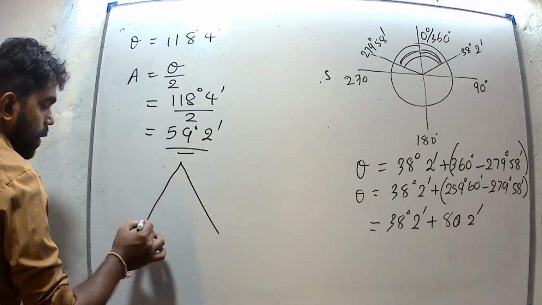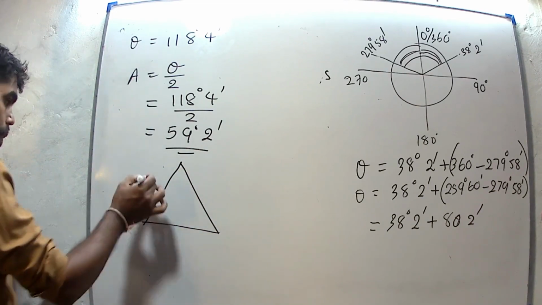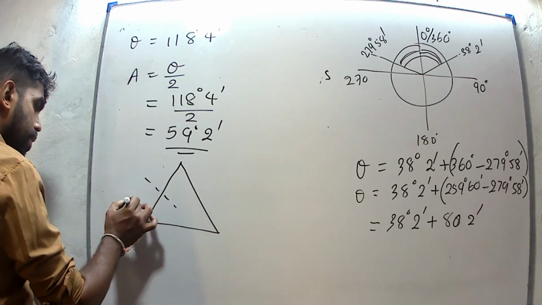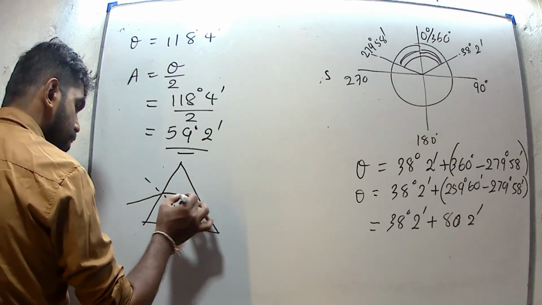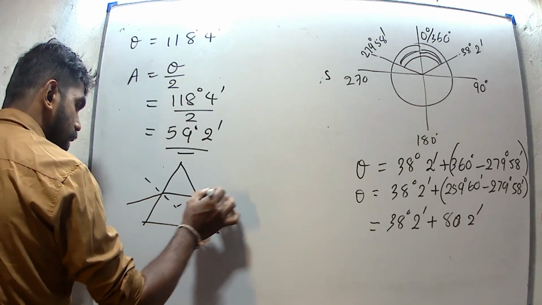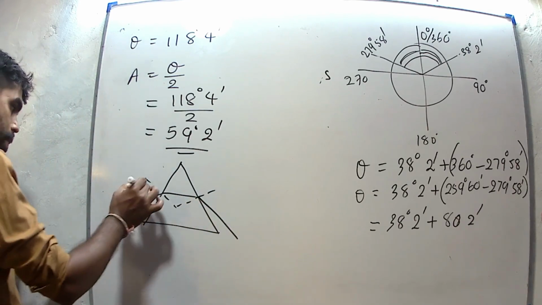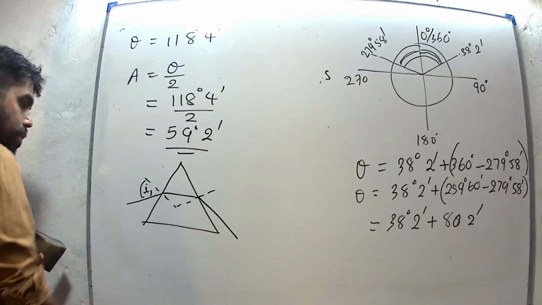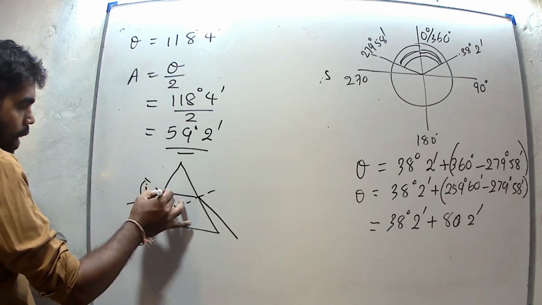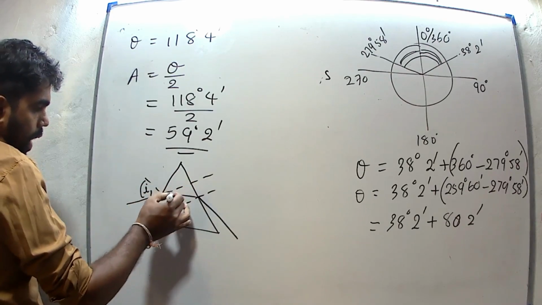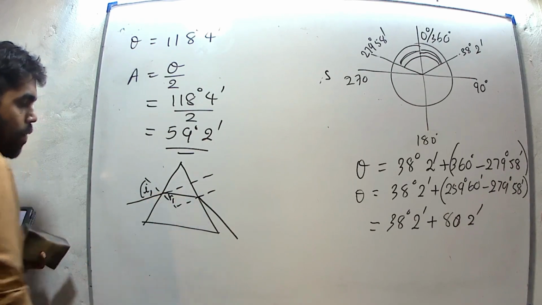We can consider the angle of deviation. If this angle is I1, we can get this angle as R1.